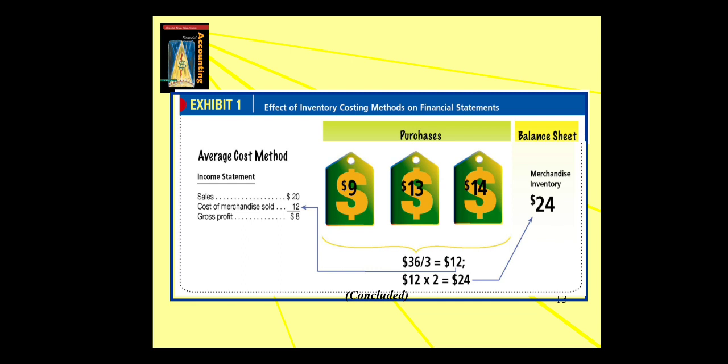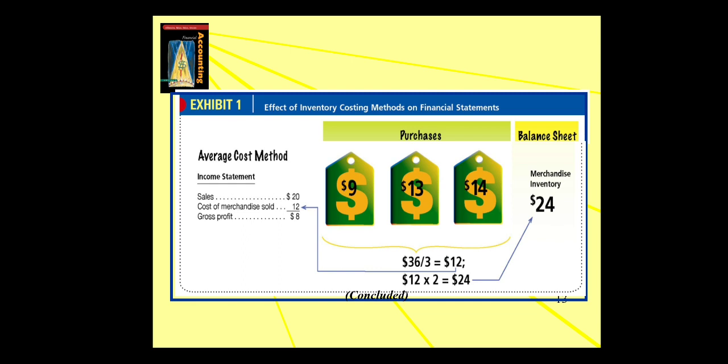Okay, now the third method that can be used to calculate the cost of goods sold, the cost of items sold by a business, is called the average method. The average method is related to the calculation of average inventory cost during an accounting period.